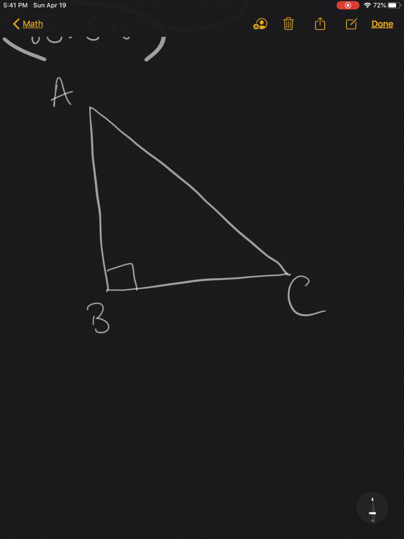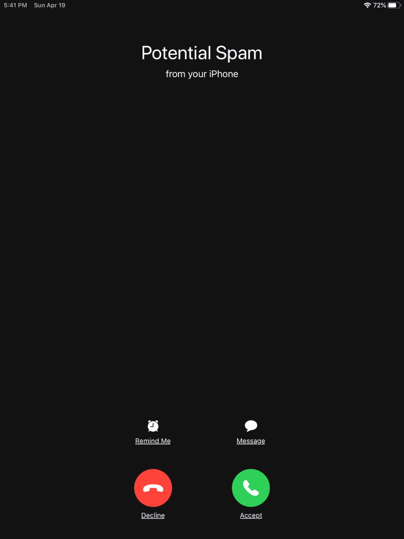Let's say the only thing you know about this triangle is that this side is 5, and let's say angle A is 50.1 degrees. And then you're told that you have to find everything else. You have to find the remaining sides and the remaining angle.